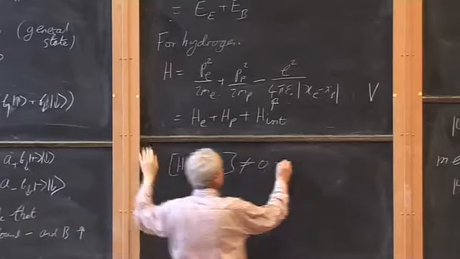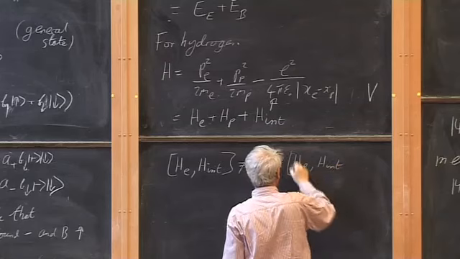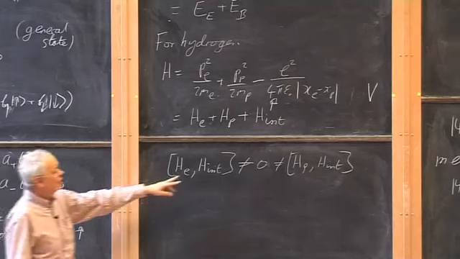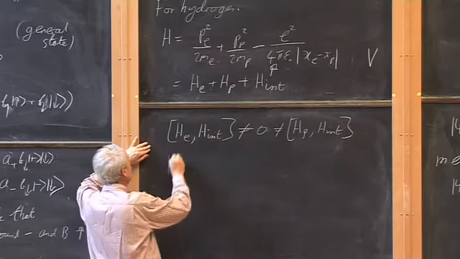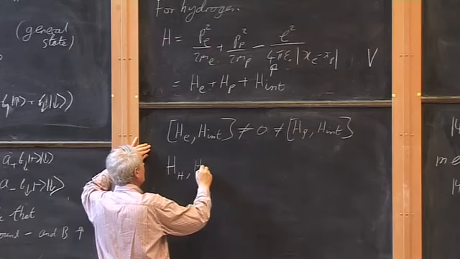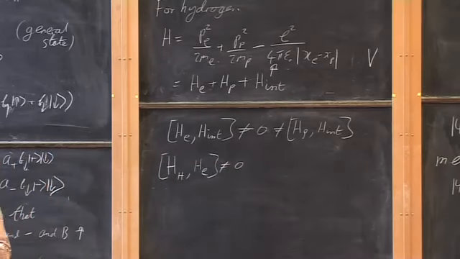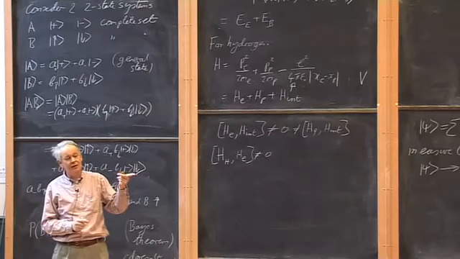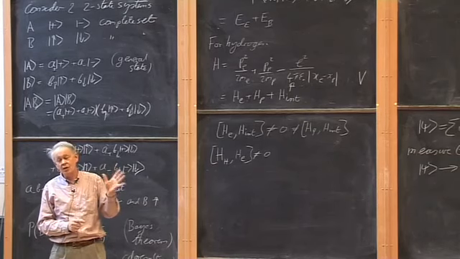And similarly, of course, the commutator of HP and H interaction is not equal to 0. So the important point is that the Hamiltonian of the hydrogen atom does not commute with the Hamiltonians of the electron and the proton. You cannot know the energy, so generically you do not expect to be able to know the energy of the hydrogen atom if you know the energy of the electron, because they don't commute. And it's the interaction that stops them commuting.